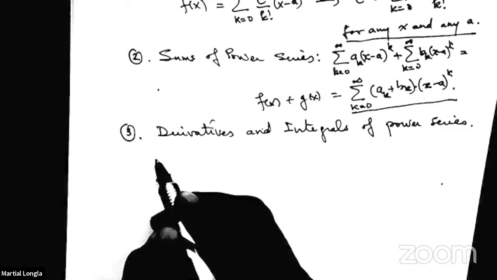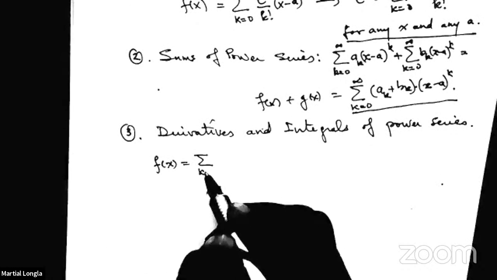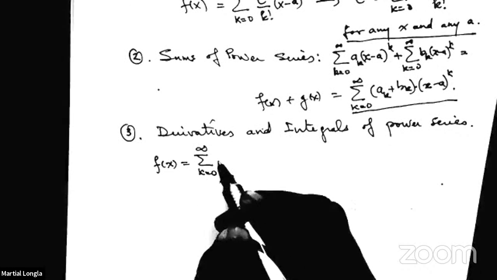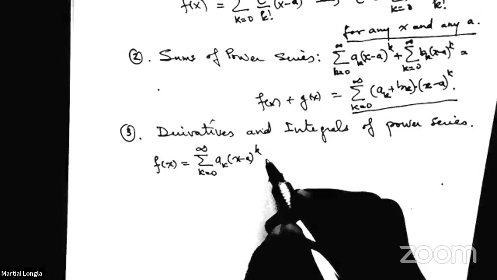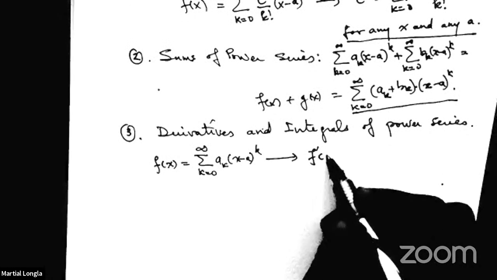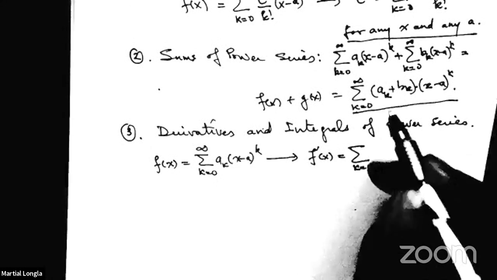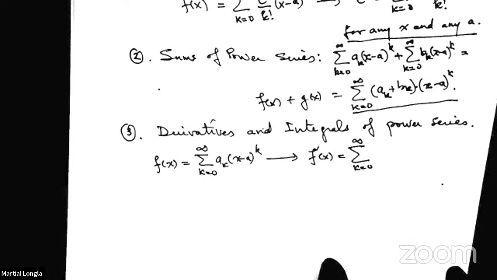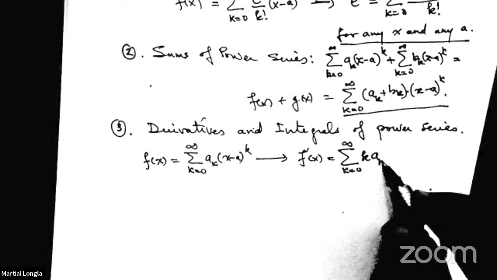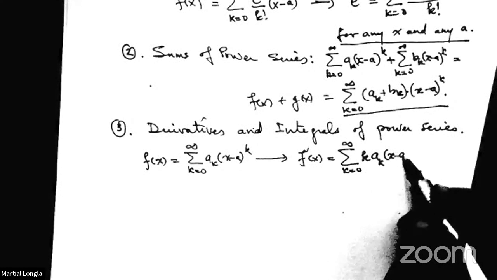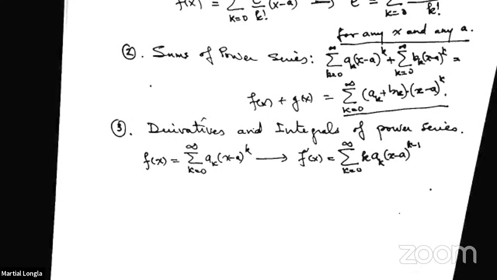So if f of x equals sum k from 0 to infinity ak x minus a to the k, then the derivative of f of x will be sum k from 0 to infinity k times ak times x minus a to the power k minus 1.